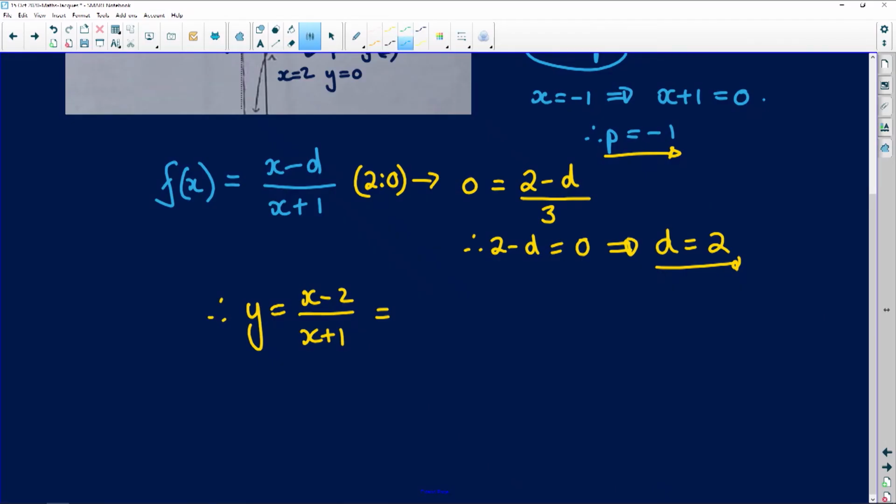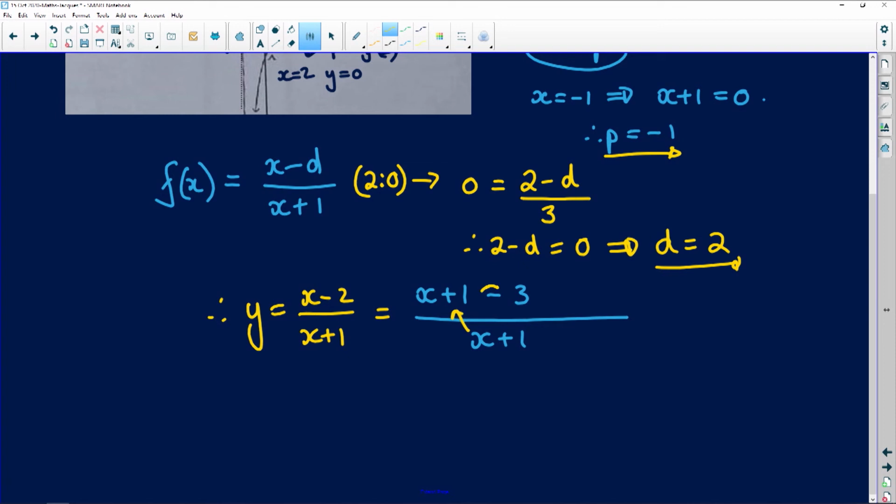Now look at this. If I break this up and I say this is x plus 1 over the x plus 1, okay? I have x plus 1 at the top. What did I have? I had x minus 2, so I must minus 3 over there. And that's how your split is going to happen.